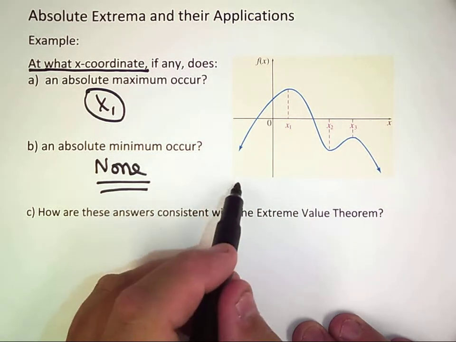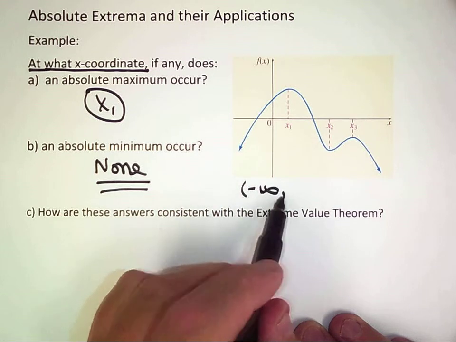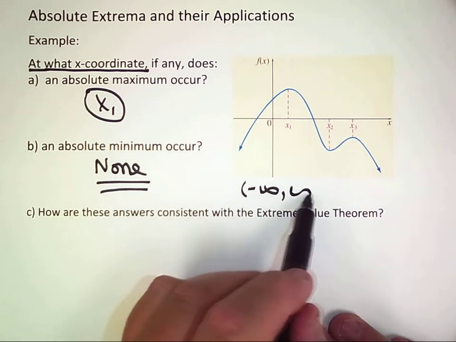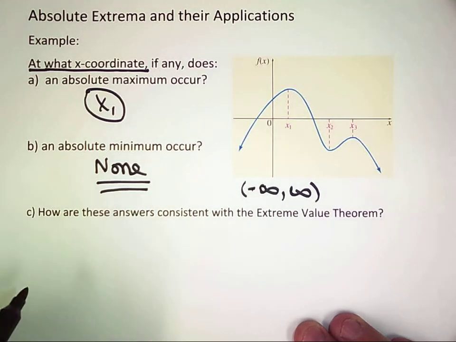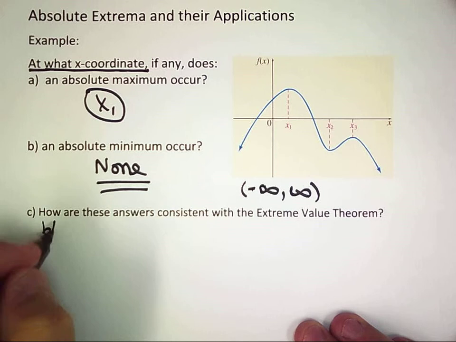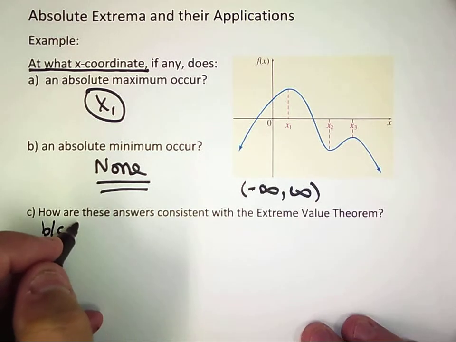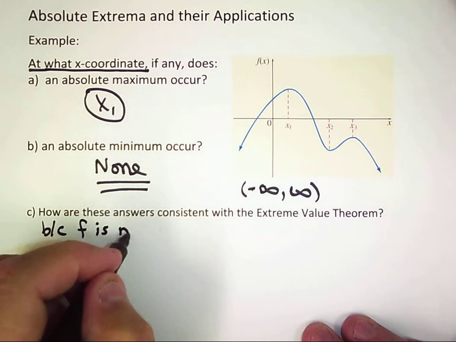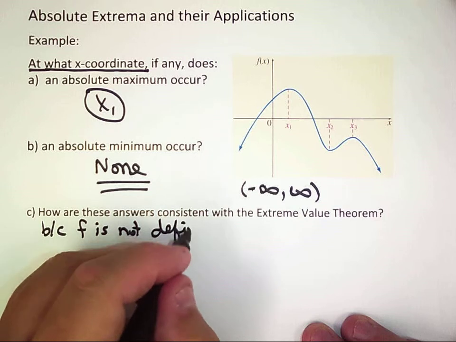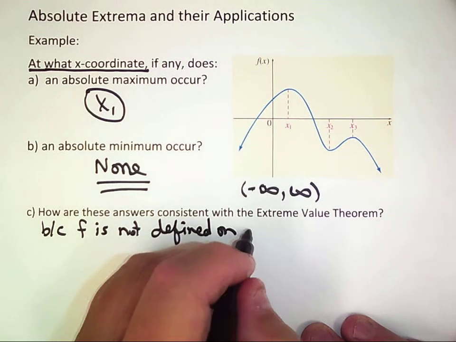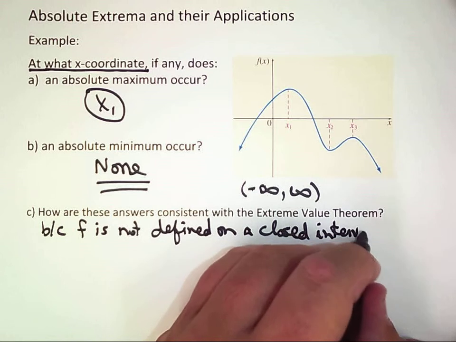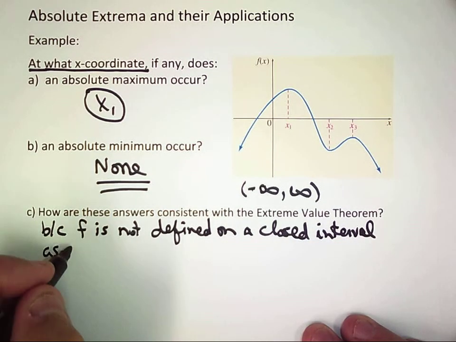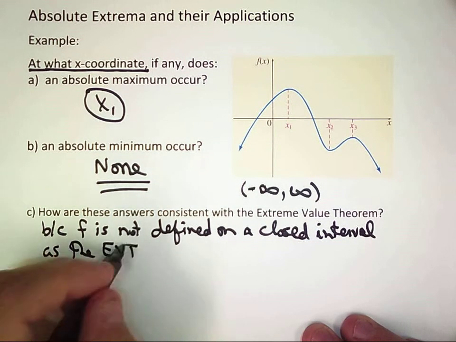This arrow here indicates that the domain goes from minus infinity and on this side keeps going to positive infinity. That's an open interval. The extreme value theorem requires a closed interval. So the answer is because f is not defined on a closed interval, as the extreme value theorem requires.